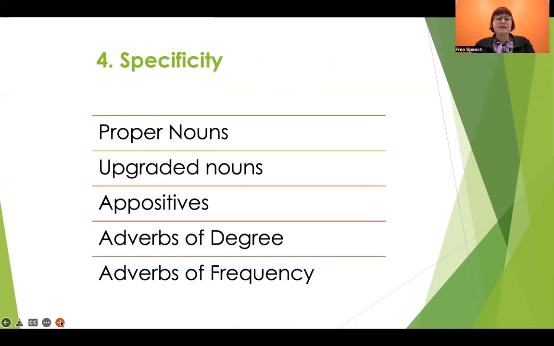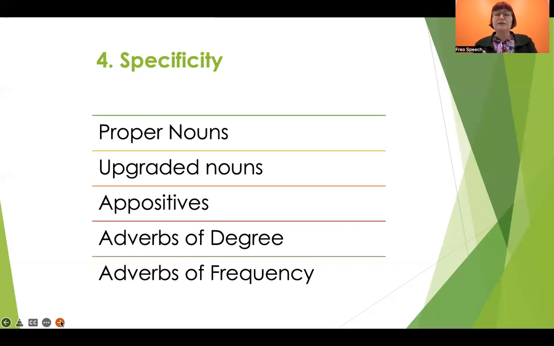Now for specificity. We're going to look at these 5 language devices that really make the author of a text seem to have a degree of authenticity about what they're writing about.